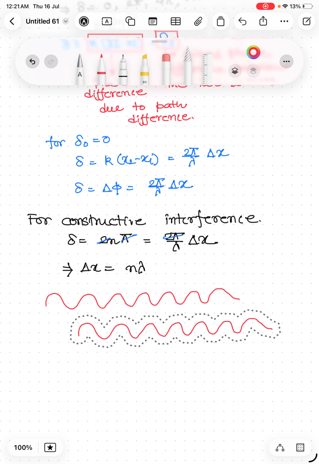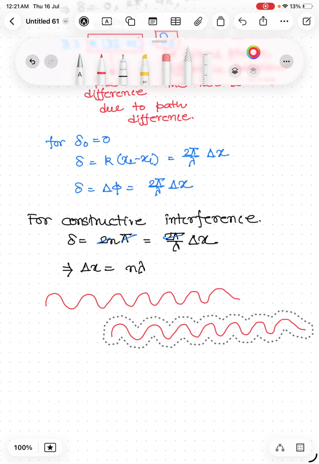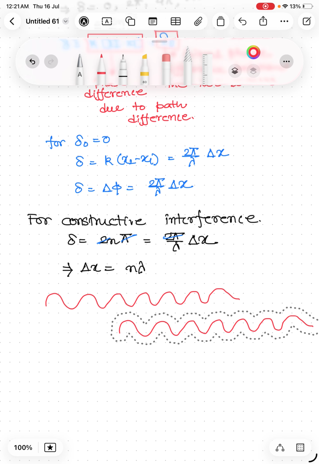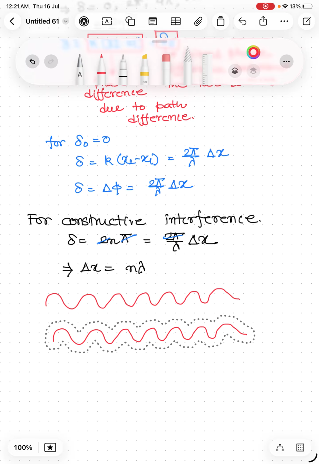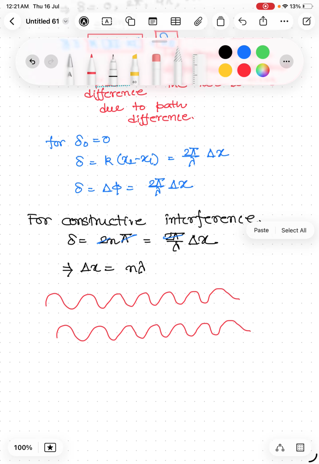Similarly, it will be the same thing if I move it by a distance lambda, or by a distance 2 lambda, and so on and so forth. So that is what it means by delta x equals n lambda.